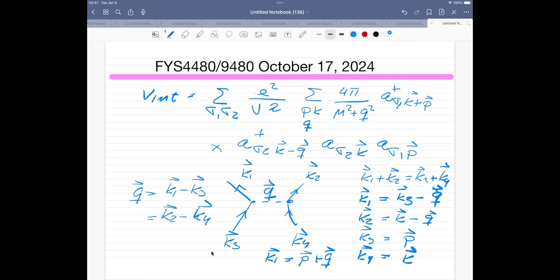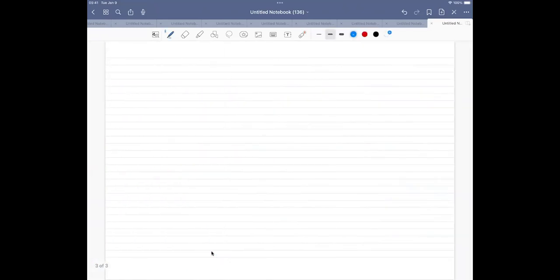And then with these quantities, we can rewrite this sum in terms of one piece where we put Q equal to 0, and then the terms with Q different from 0. So this is roughly where we ended last time. So we have a sum over Q different from 0, and then we sum over P and K, and a sum over the spins, sigma 1 and sigma 2.